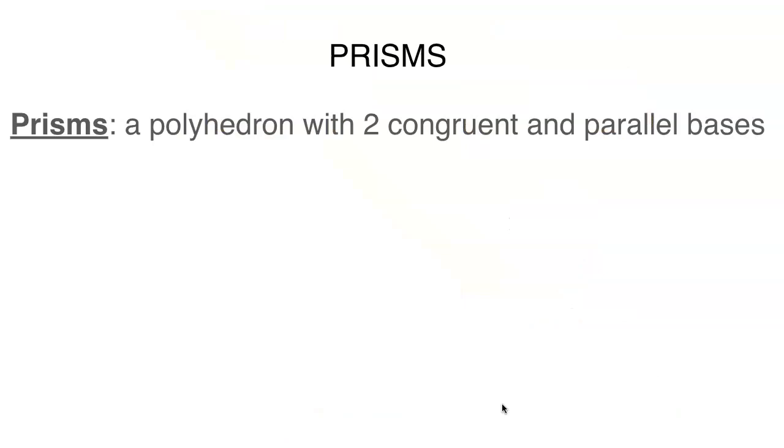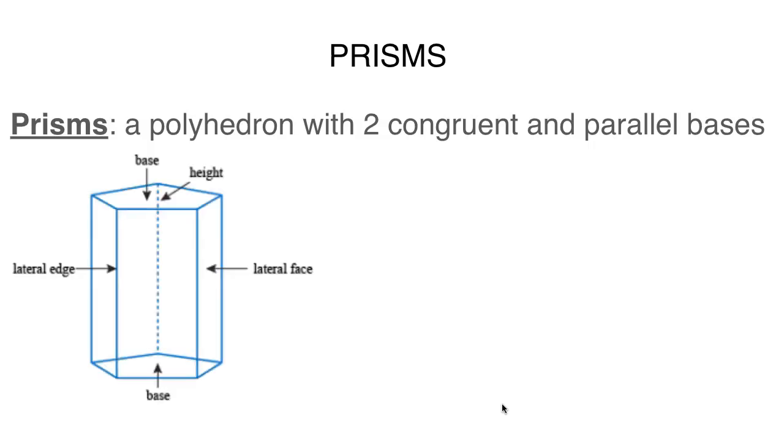All right, so a little bit more about prisms. They are a polyhedron, and their bases must be congruent, and their bases also must be parallel. So in this example, you have a pentagon on the bottom, a pentagon on the top. They are congruent pentagons, and they are parallel to each other. And then all the lateral faces, lateral means side to side, are rectangles.